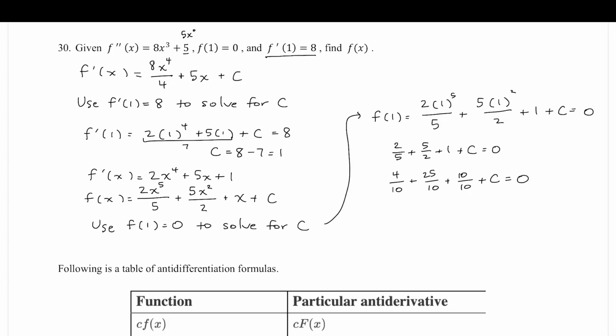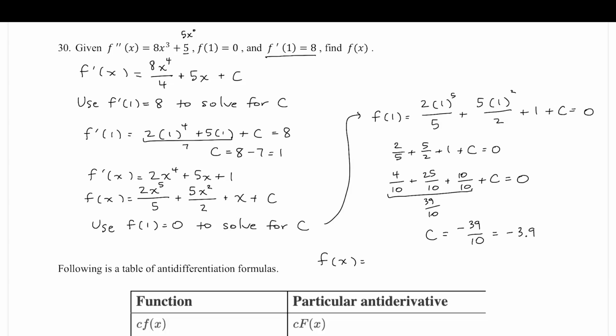But feel free to try it in your calculator and make sure you can get to the same answer. So I have here 39/10 altogether. So c, if I subtract the 39/10 to the right-hand side, I will get my value of c, which again, if you used a calculator, you probably got negative 3.9, which is fine.